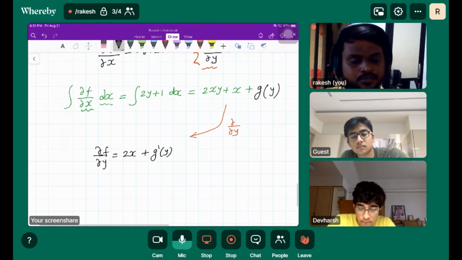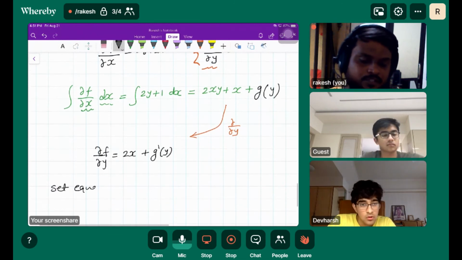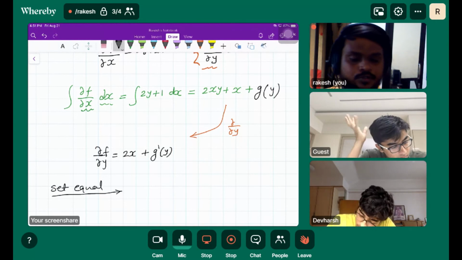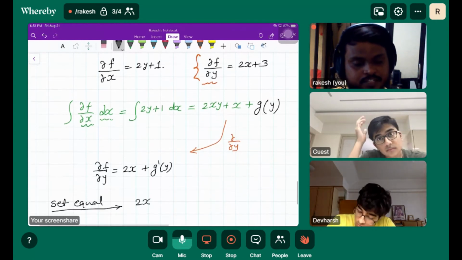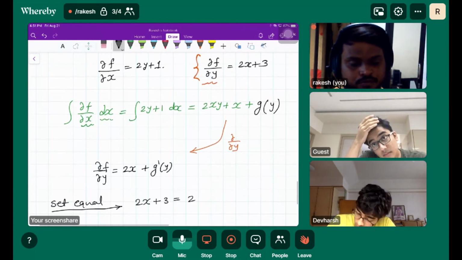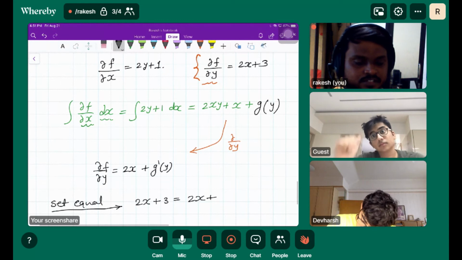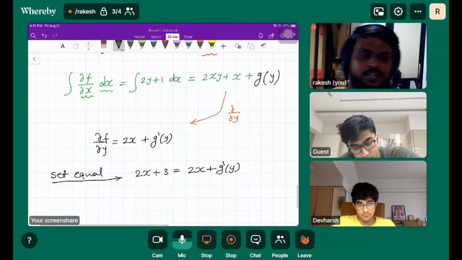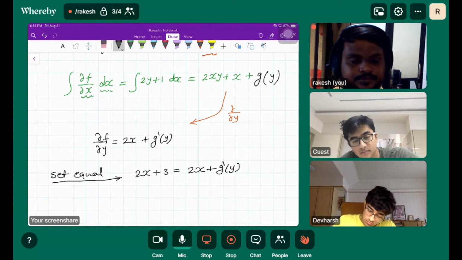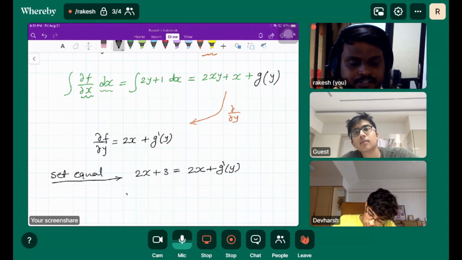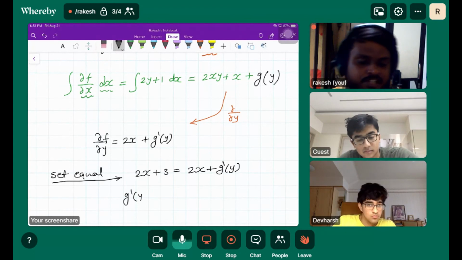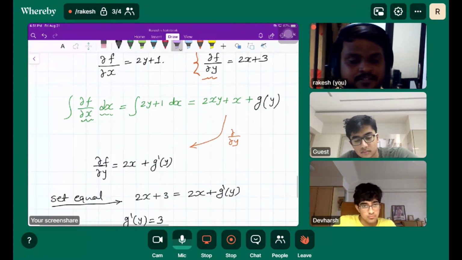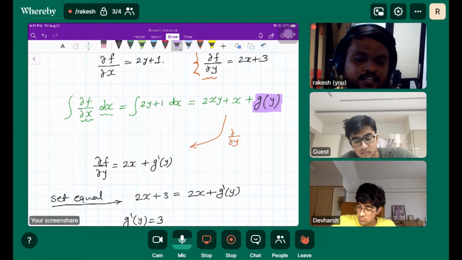So we'll set them equal. That is 2x plus 3 should be equal to 2x plus g dash y. Then what is our g dash y? It is 3. But in the function we have g of y.